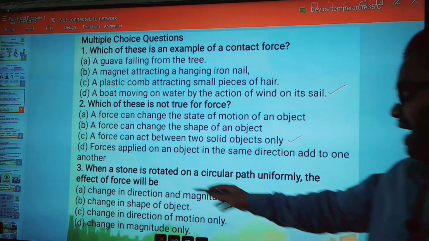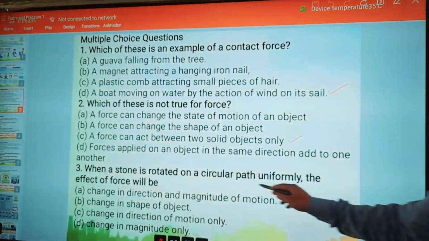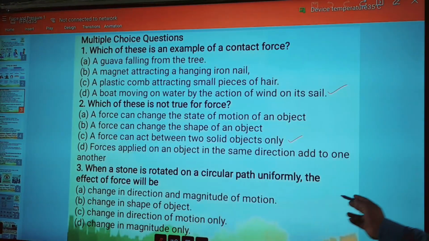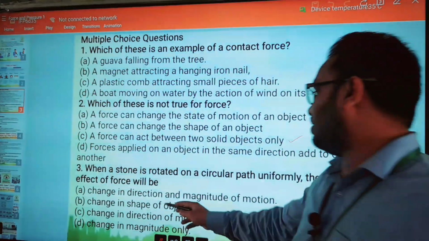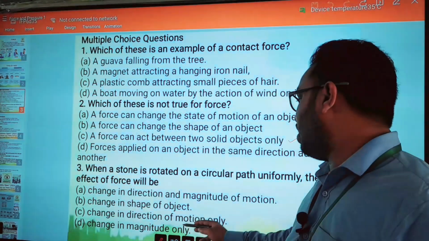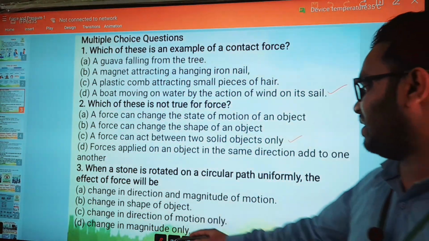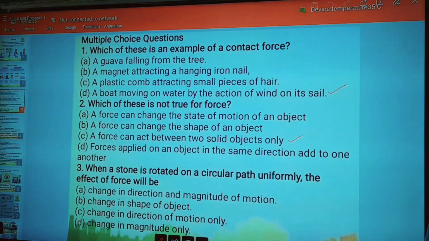Next, when a stone is rotated on a circular path uniformly, the effect of force will be: change in the direction and magnitude of motion, change in shape of the object, change in direction of motion only, or change in magnitude only. Which one will be the correct answer?